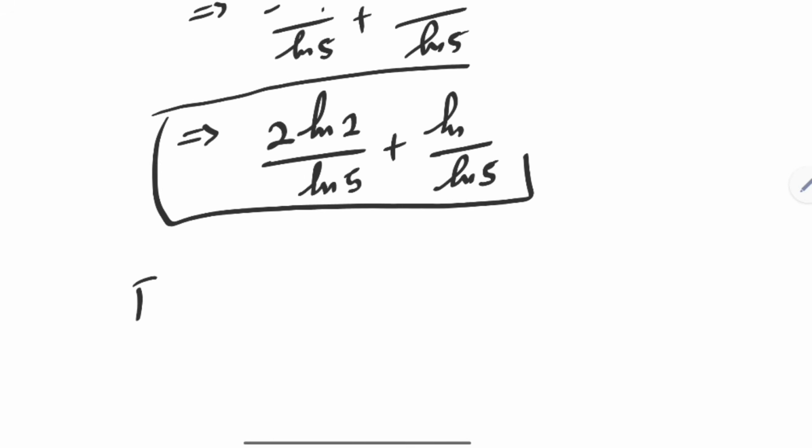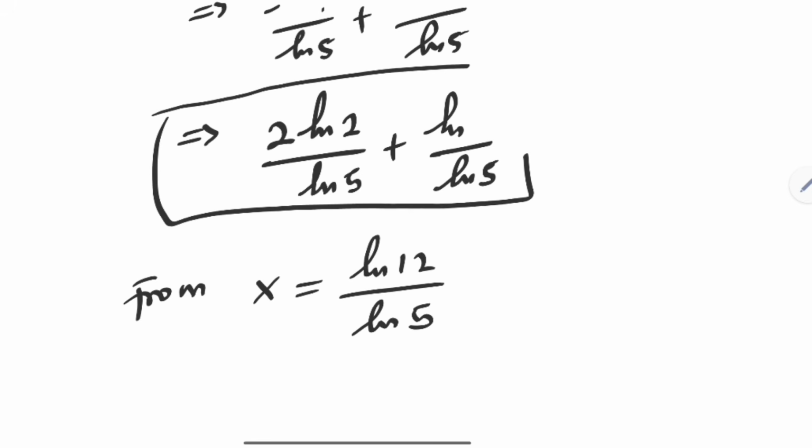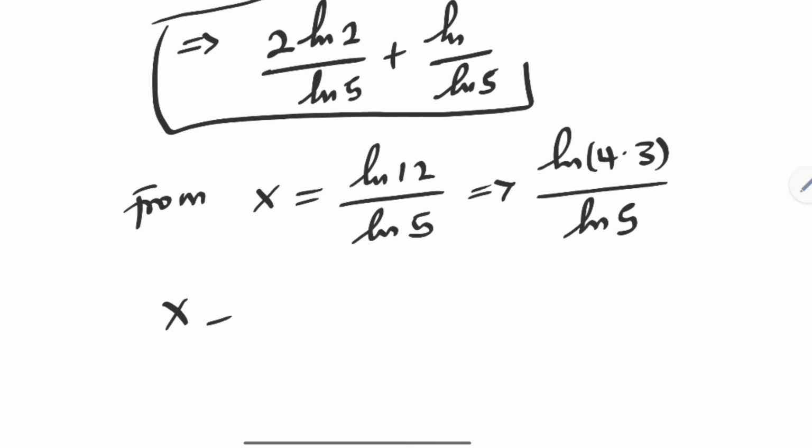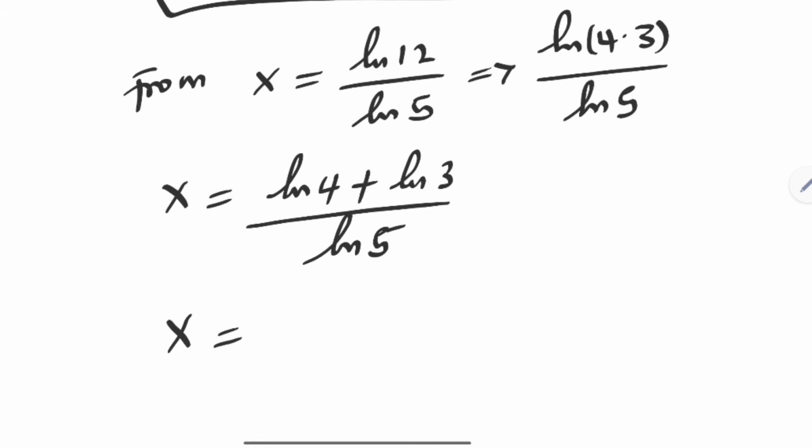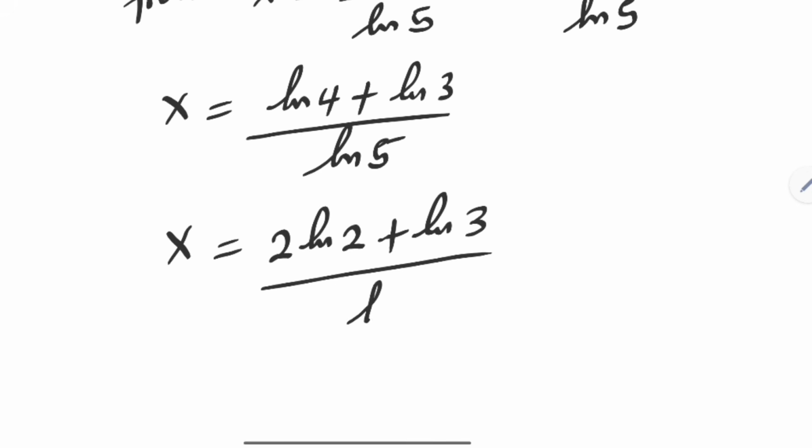We have from x is equal to ln of 12 over ln of 5. This is the same thing as ln of 4 multiplied by 3 over ln of 5. x is equal to ln of 4 plus ln of 3 over ln of 5. x is equal to 2 ln of 2 plus ln of 3 over ln of 5.